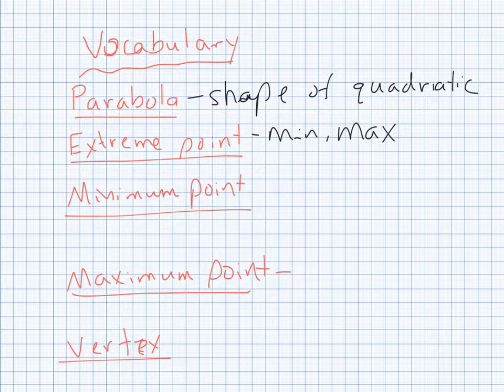We have a minimum if a, the first term, is greater than 0, and that makes the parabola open upward.